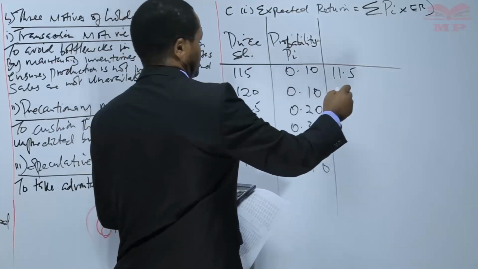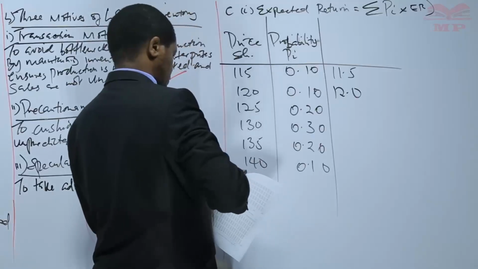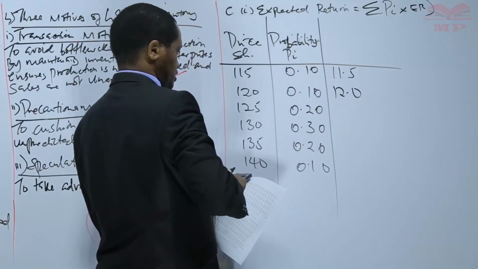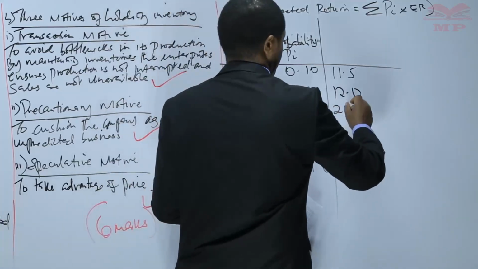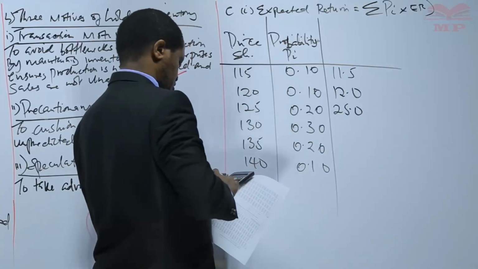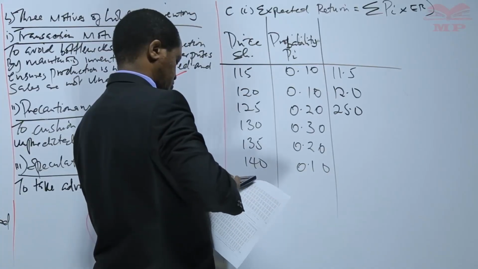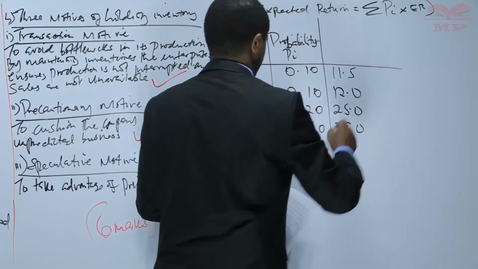This is 12.0. And I have 125 times 0.2, 25.0. I have 130 times 0.3, 39.0.